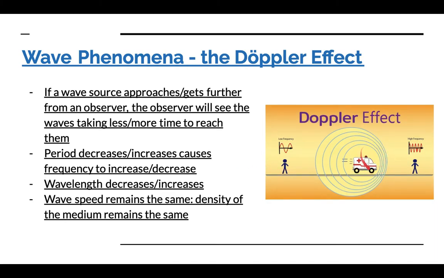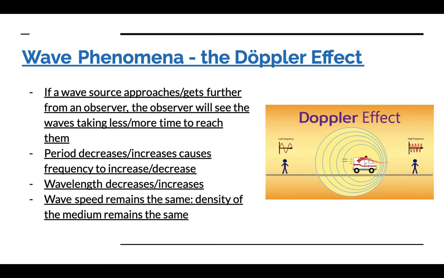So as our wave source, say an ambulance, approaches a person, because of the decrease in distance between the ambulance and our person, those waves are going to take a shorter amount of time to reach our person. As a result, the period of the waves, the time between each wave reaching a person, is going to decrease. The time between each wave is, if we recall, the period.